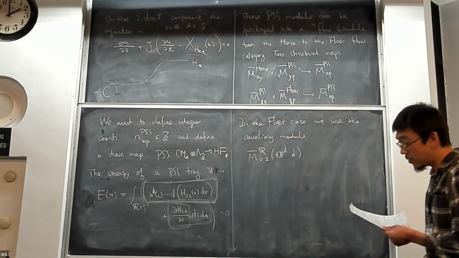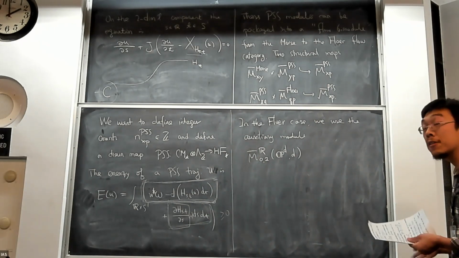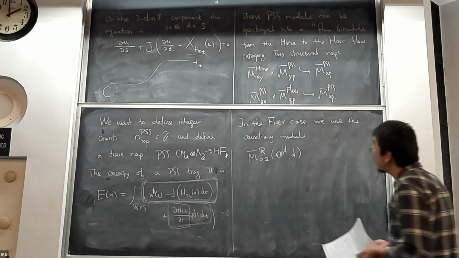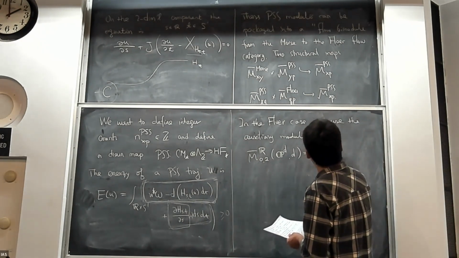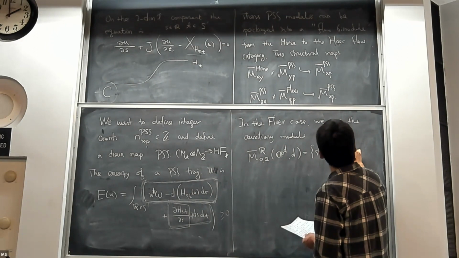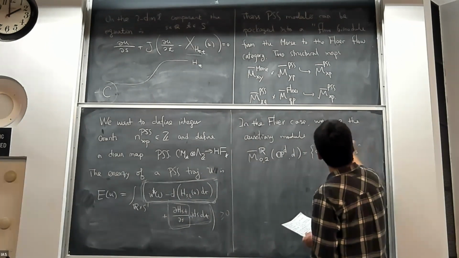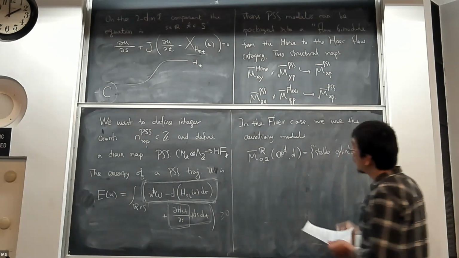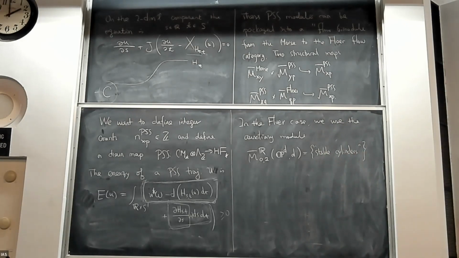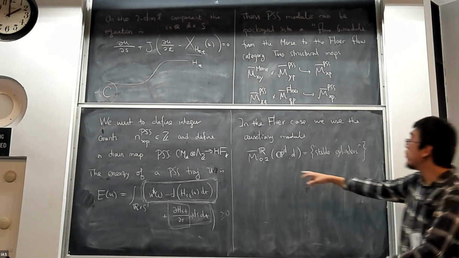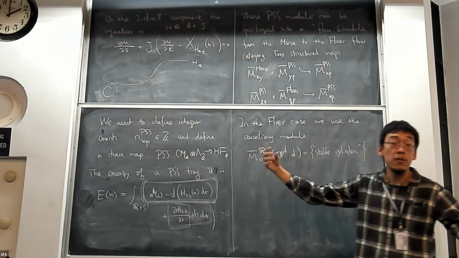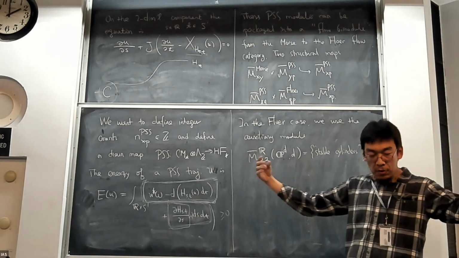Which is the moduli space of stable cylinders into CP^D. Every representative is still a stable map into CP^D with two marked points.